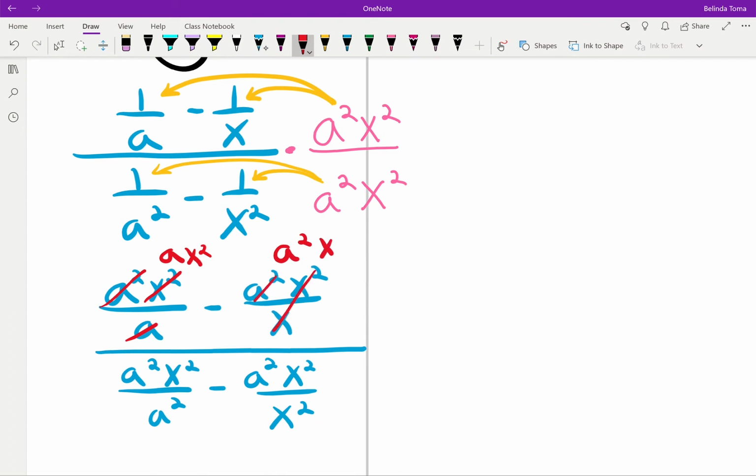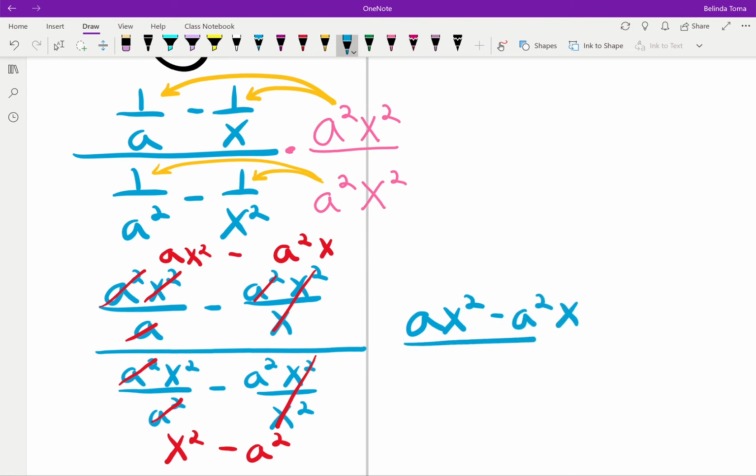In the denominator, the a squareds cancel, so I'm left with just x squared. And here the x squared cancels, so I'm just left with minus a squared. So let's go ahead then and rewrite this so it looks a little prettier. We have ax squared minus a squared x in the numerator and x squared minus a squared in the denominator.